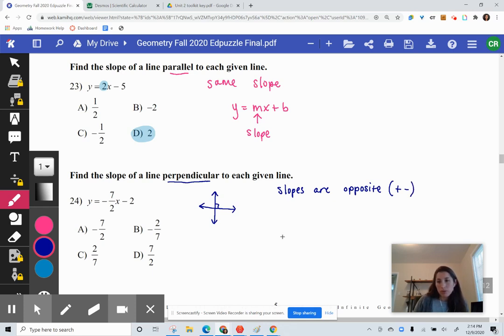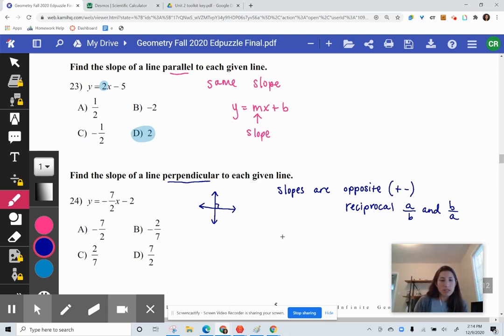And then reciprocals. So if it's a fraction, we're changing the a and b of the fraction, or whatever the numerator and whatever the denominator is.